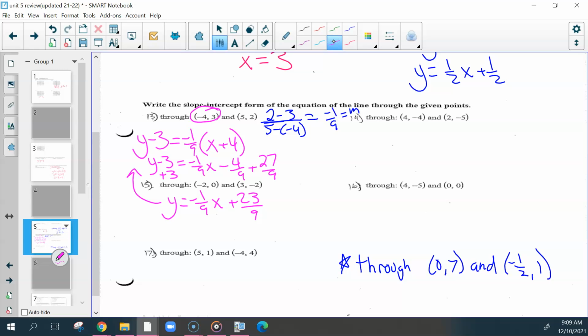For 14, to find our slope, that would be negative 5 minus negative 4, or just plus 4, over 2 minus 4. What would our slope be? Which would give us a positive. Which point do we want to use to find our y-intercept? The first one? Okay.